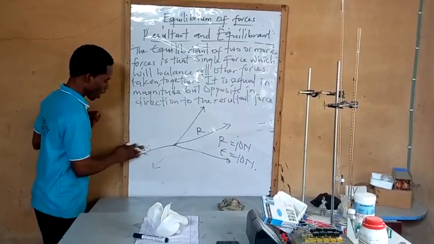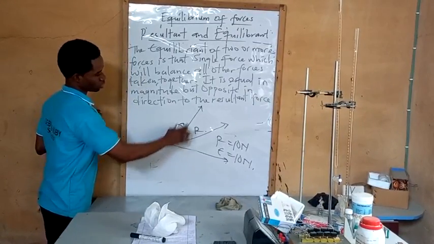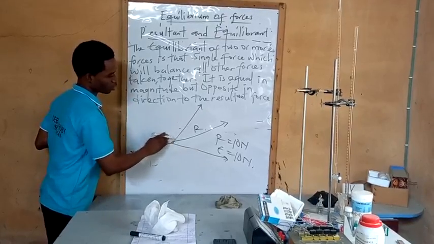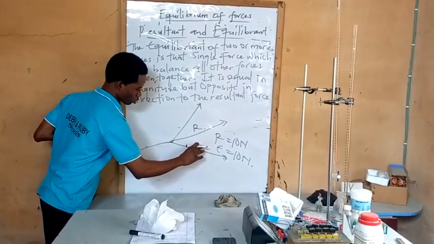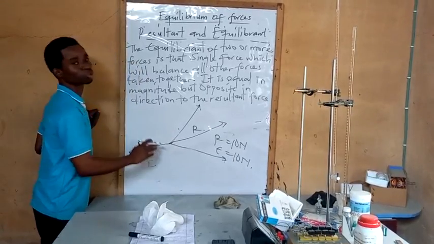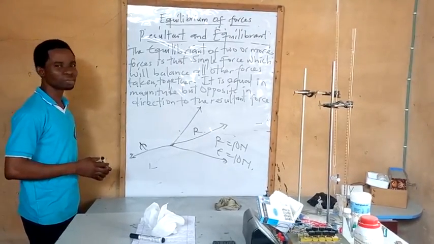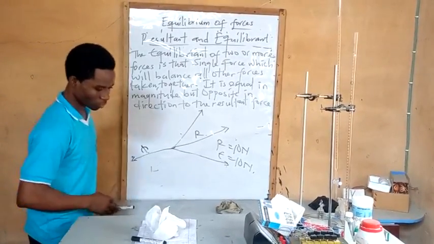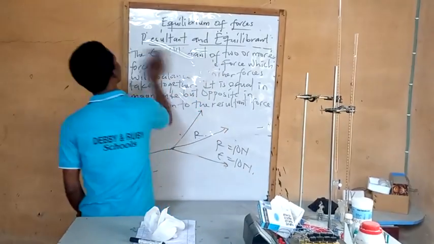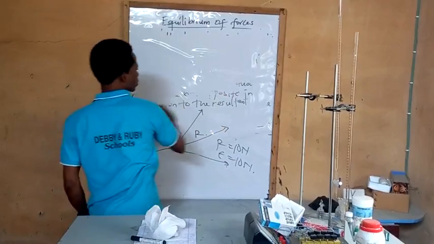Now you can also assume this one to be the equilibrium, and call this one a force. It will balance the two. Whichever one you take, if you call this one equilibrium, it will balance the other two. But mind you, it's always opposite to your resultant, with the same magnitude. Okay? Before we explain triangular forces, let's solve one question under this.